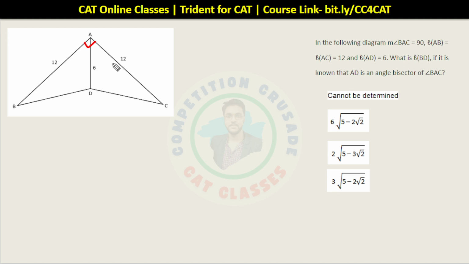If it is known that AD is the angle bisector, great. That only tells you that this is 45 and the other part is also 45, because it's an angle bisector. They're asking you to find out, actually the question should be to calculate this value. Okay, find out BD.